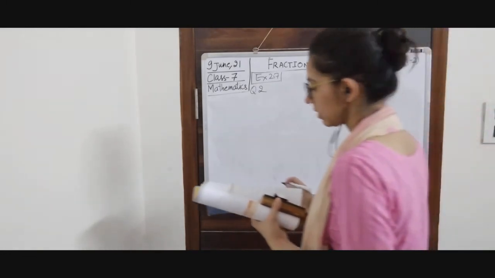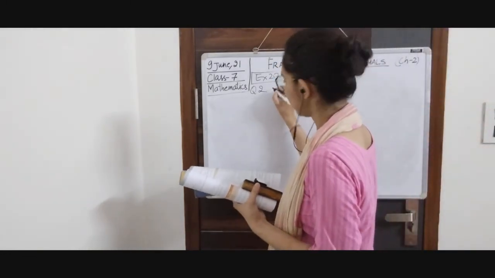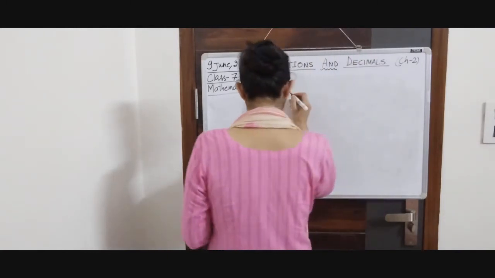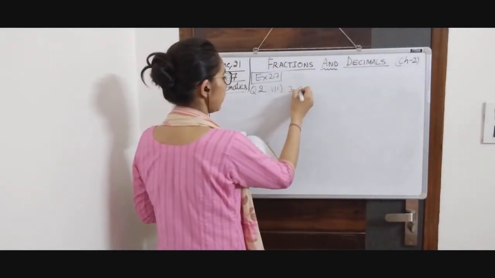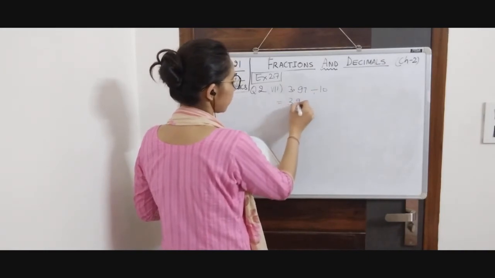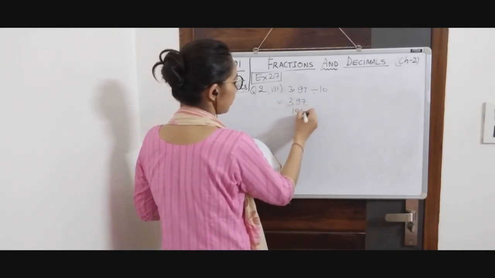Next part is the 7th part. It says that you have to divide 3.97 by 10. Same method. Remove the decimal.